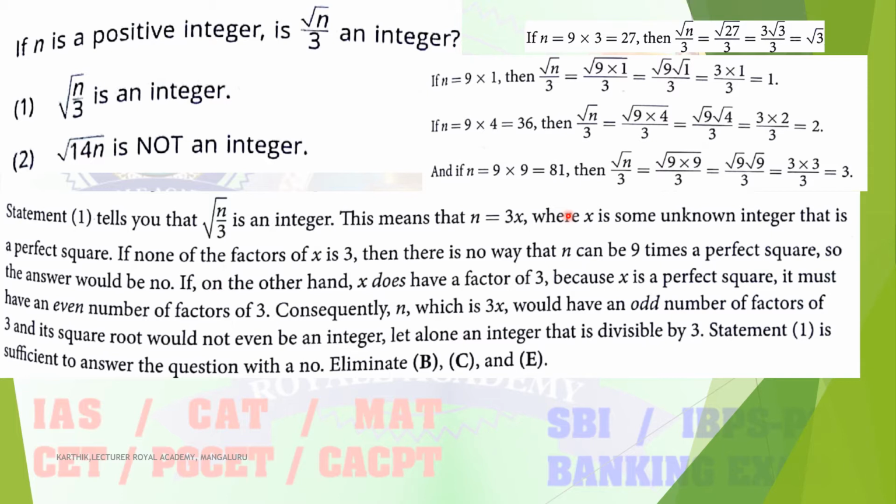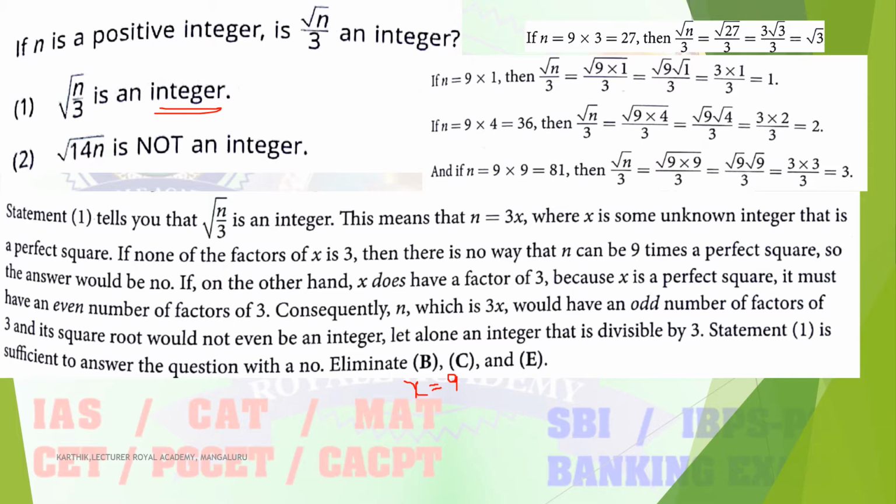So first assume, I will take x equal to 9. Why? Because first we need to satisfy the condition that it should be an integer. So I will take 9.